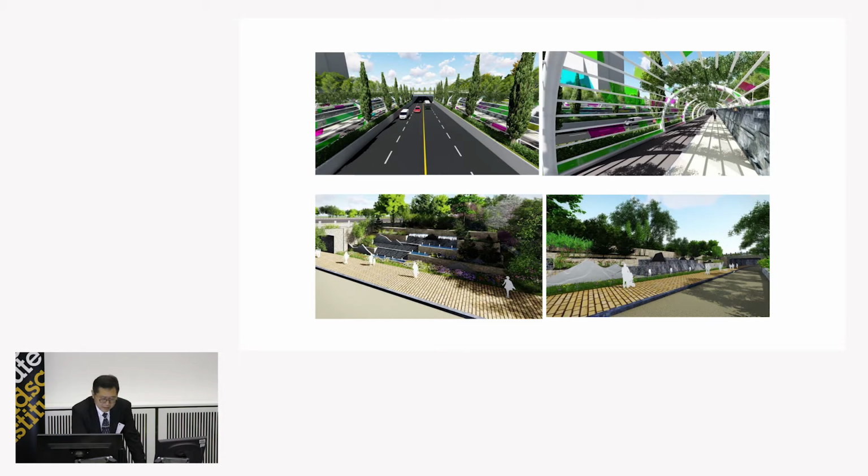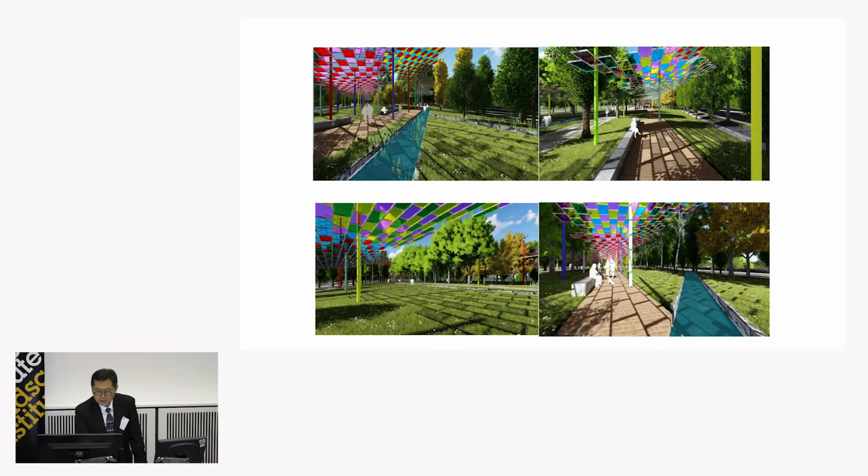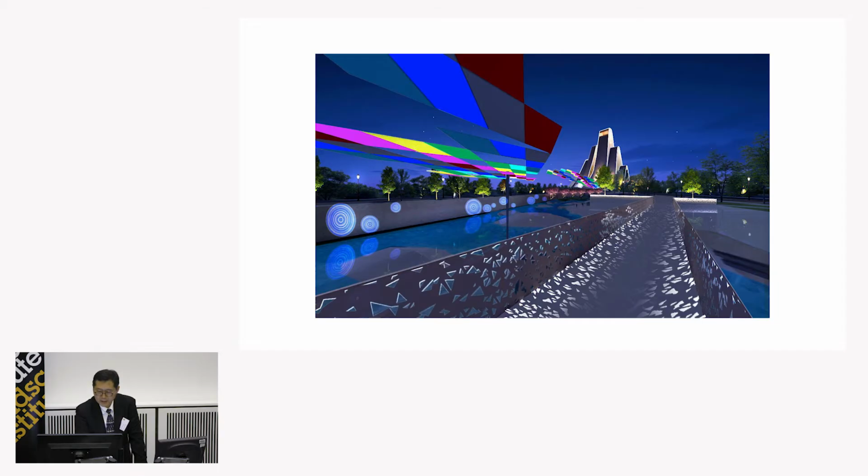There are seven transportation crossings with this axis. This is the axis, a 600-meter-long corridor with electricity, intelligent lighting, like this.